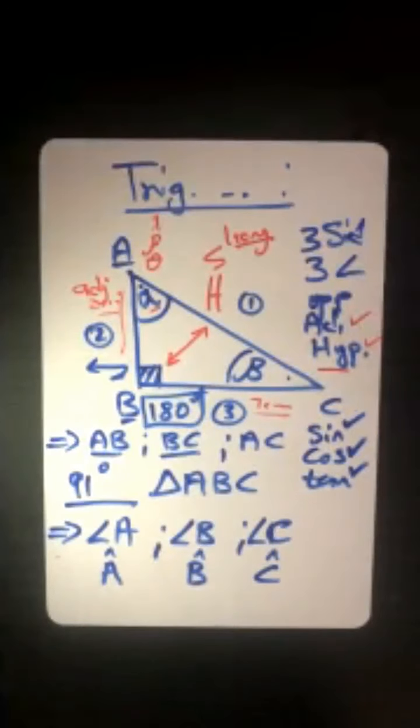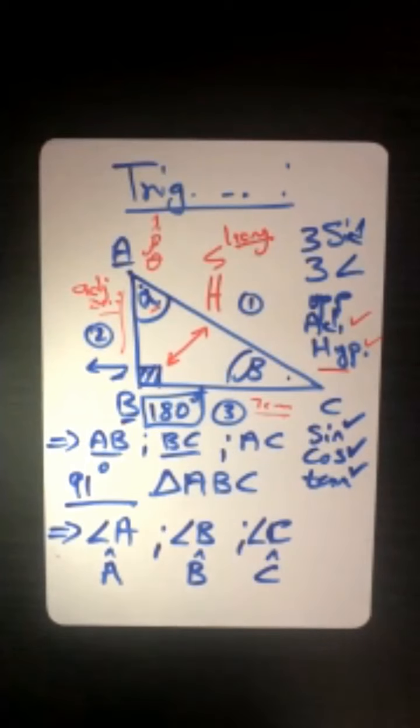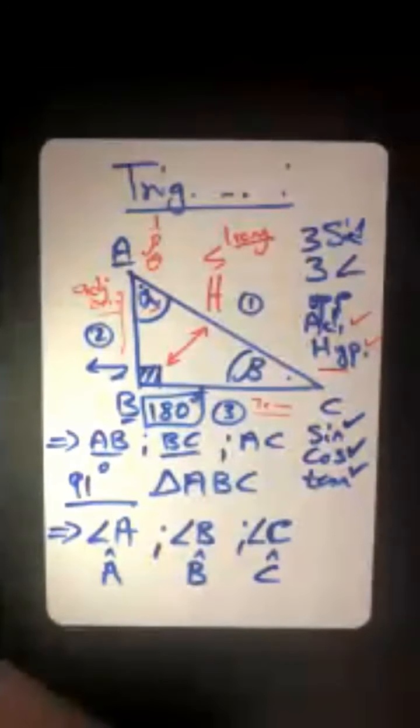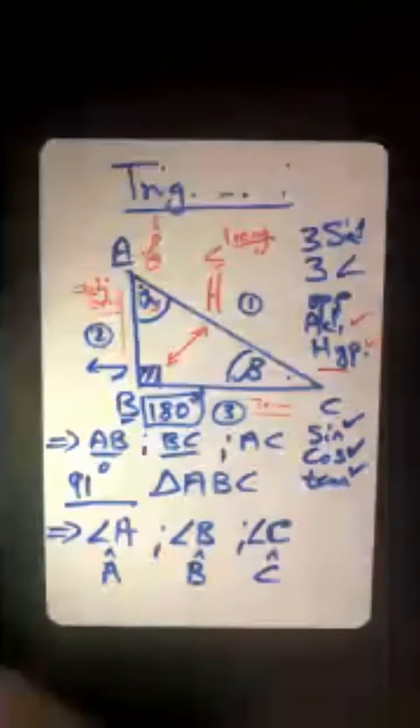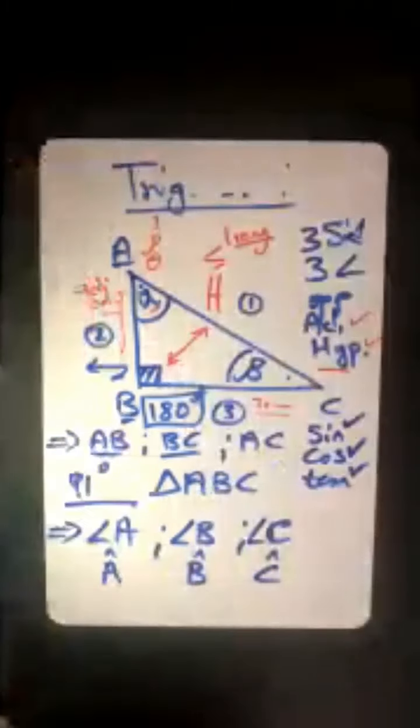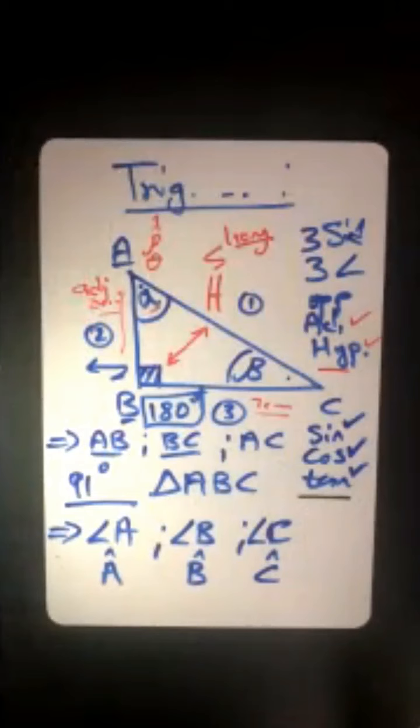Cosec, sec, and cot. Yes, those are what we call the reciprocals. Those are the inverse of the three main trig ratios.